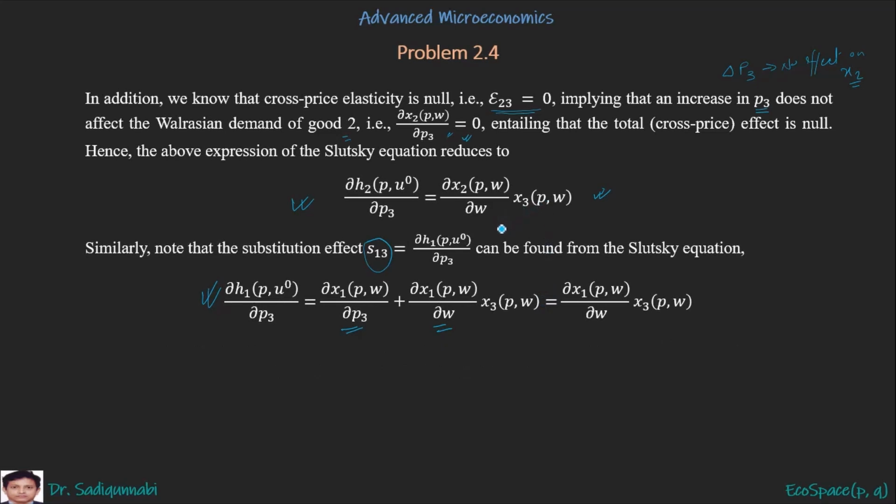because epsilon 13 equals 0, that means del x1 with respect to del p3 equals 0. So this one is equal to 0. So we have simply this one equals this one.